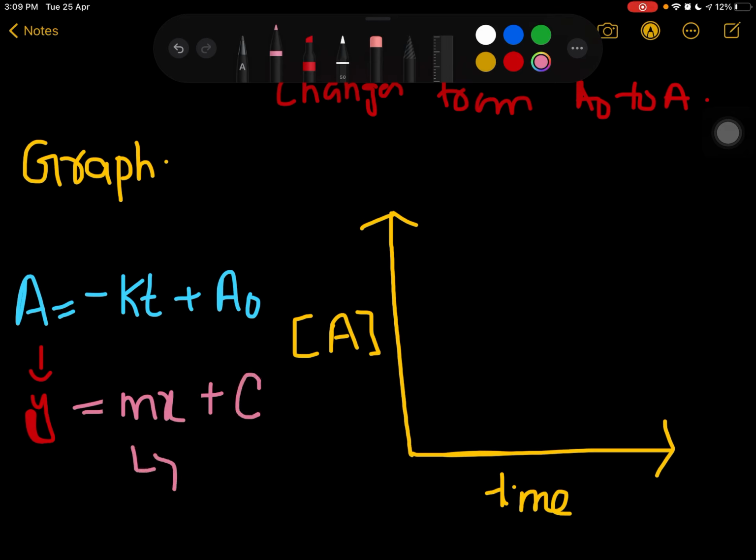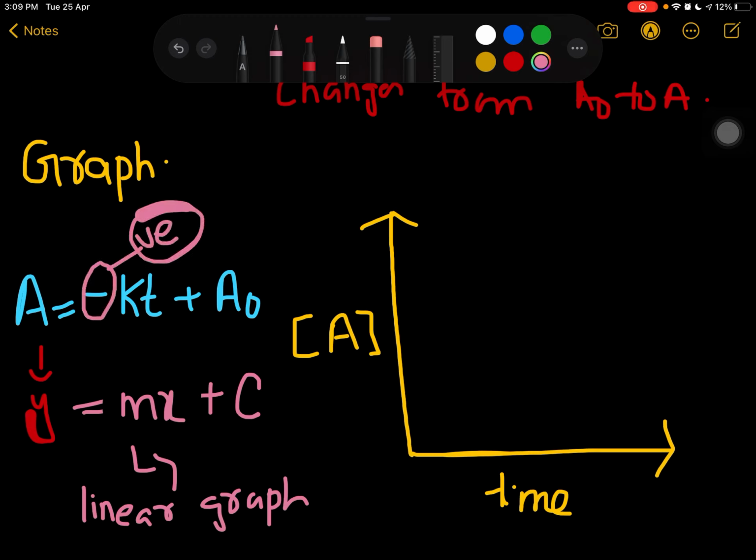And this equation is for the linear graph. But you can see over here that this k constant is negative, right? So it means that there will be a negative slope. It will be a straight line graph, but with the negative slope.